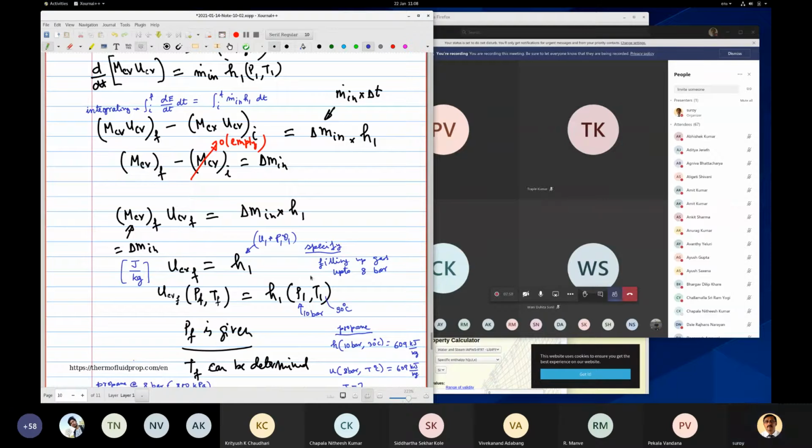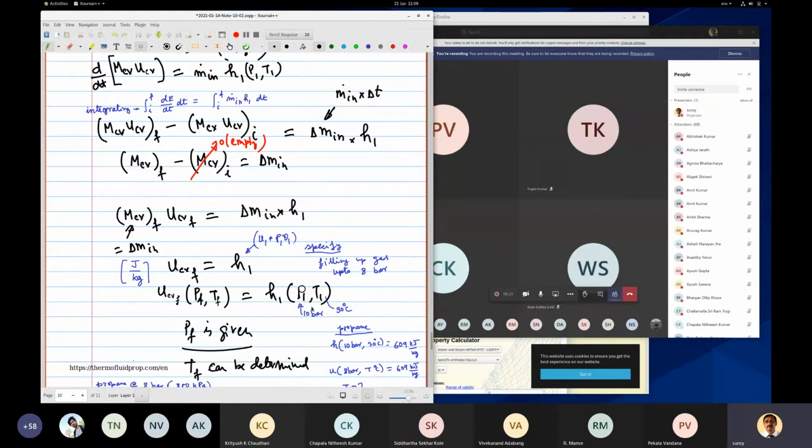So let us see. This is at 30 degrees centigrade at the header, and this is pressure. It looks like density. No, I should write it properly. So here it is pressure P1, T1.